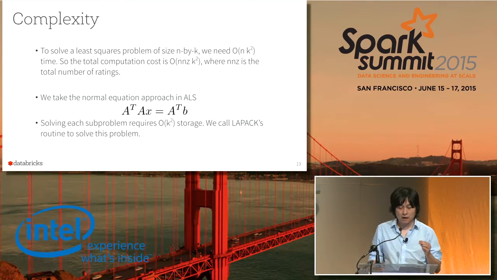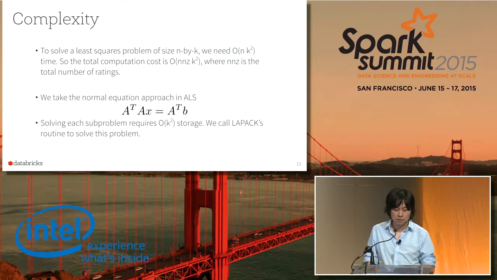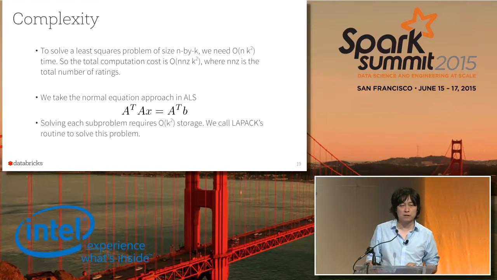In our implementation, we use the normal equation approach to solve the subproblems. For non-negative matrix factorization, we use non-negative least squares, solved with the projected gradient method. For each subproblem, we need k-squared storage, and we use some native C code to get really high performance.